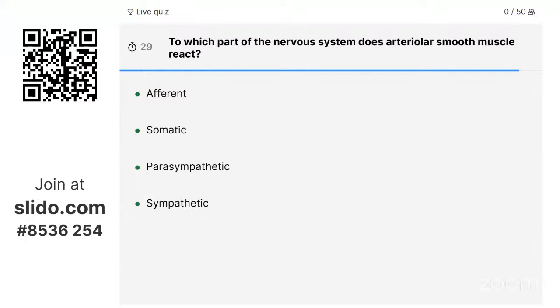Okay, so when we were talking about extrinsic regulation, one of the things we talked about was the nervous system. What part of the nervous system are we talking about there?